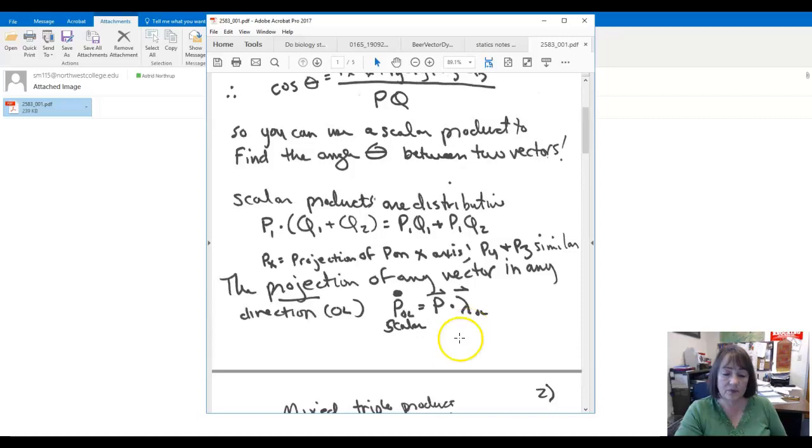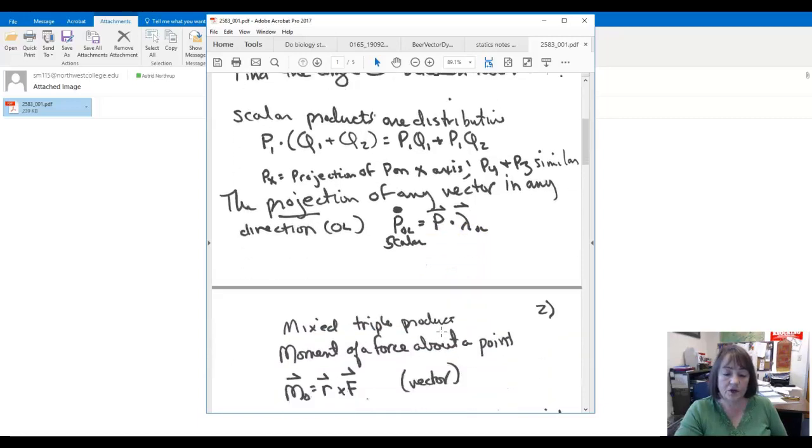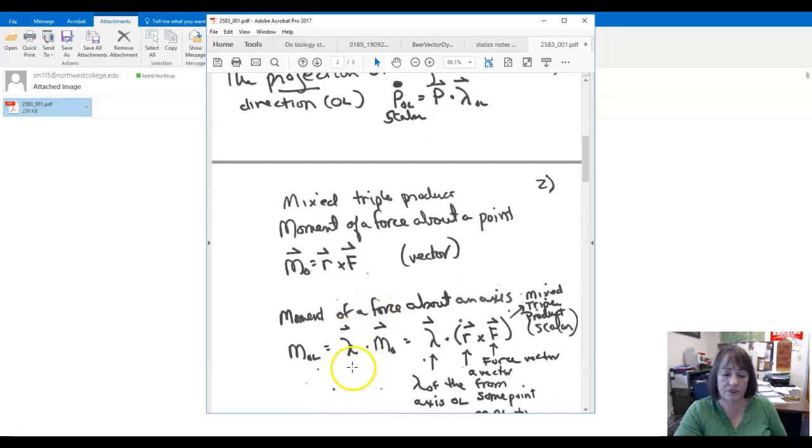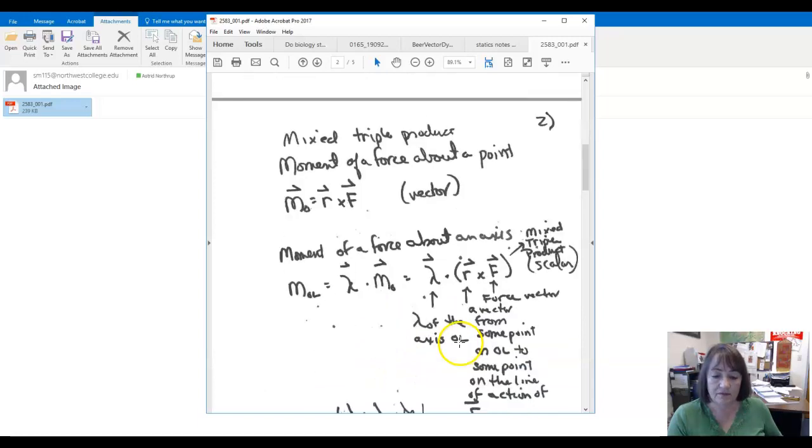In other words, with the example that I was just talking about, let's talk about a moment, and we know that a moment is r cross F. If we found lambda on that hinged axis and then dotted it with the moment, where r is any vector from any point on the axis, OL in this case, to any point on the line of action of the force F. If we take that and cross it with the force itself, this would be, of course, a vector, and then if we dot it with lambda along that axis OL, we would have a scalar product.